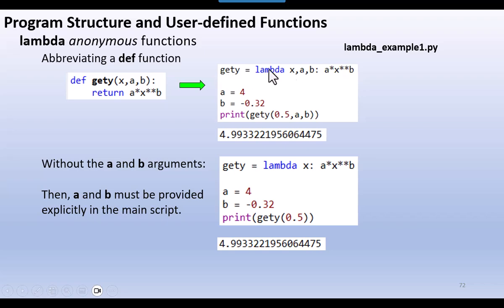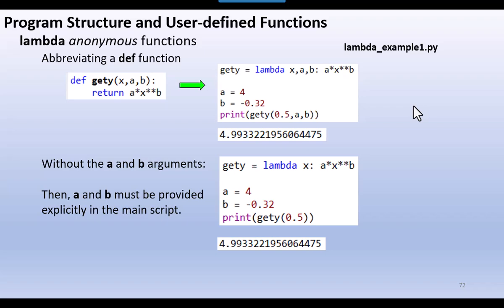So when we define it this way, we can set a equal to 4, b equal to this, and then print get_y of x equals 0.5 and the values of a and b, and it gives us the answer. So it's just a neat way to have a function on a single line.